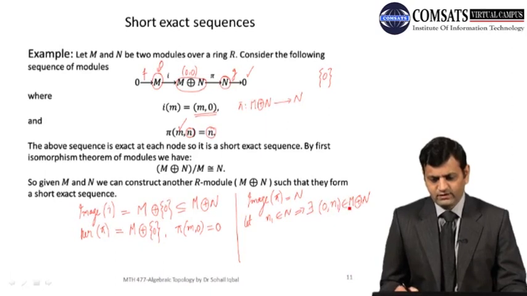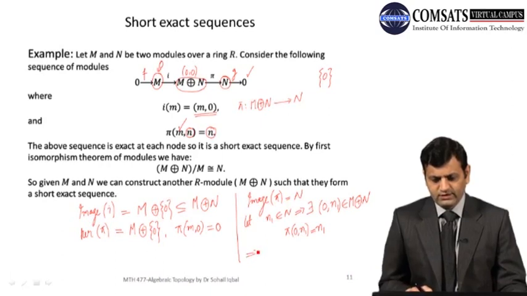So there exists this element such that pi of (0, n1) is equal to n1. So any element of capital N is the image of some element of M plus N. That's why the image of pi is capital N.